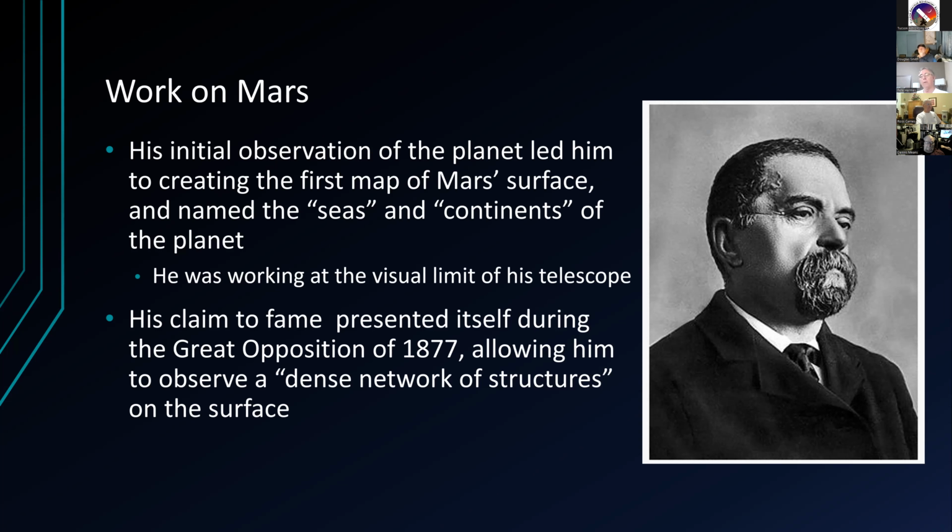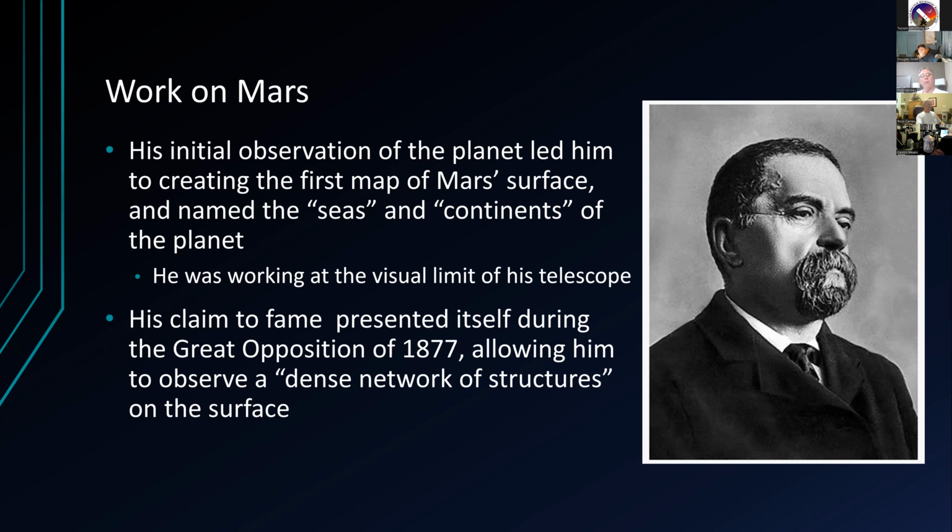Where his claim to fame stems from came from an observation tour he did during Mars's Great Opposition event in 1877. For those who do not fully know what an opposition is, that is the period in a planet's orbit when it is closest to the Earth, which also means it is the brightest and largest that it'll reach, with a great opposition signifying an unusually close approach.